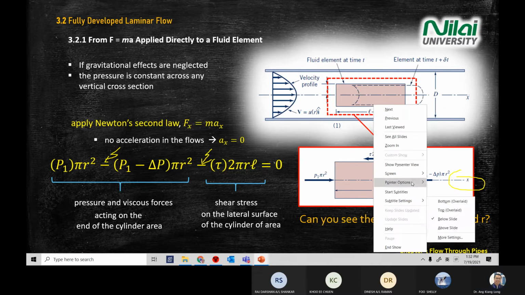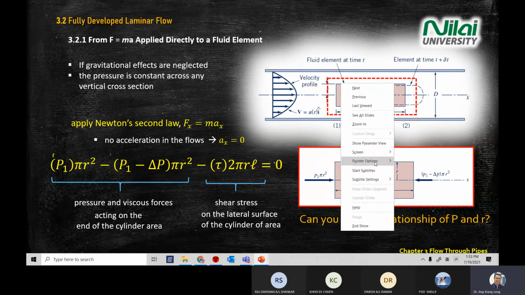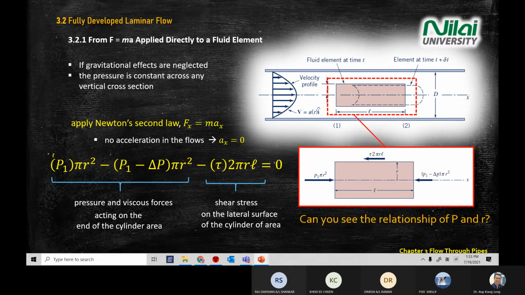Then the next question you need to ask yourself, from the F equal to MA equation, this, let me change the color. This component is all the force in X direction.